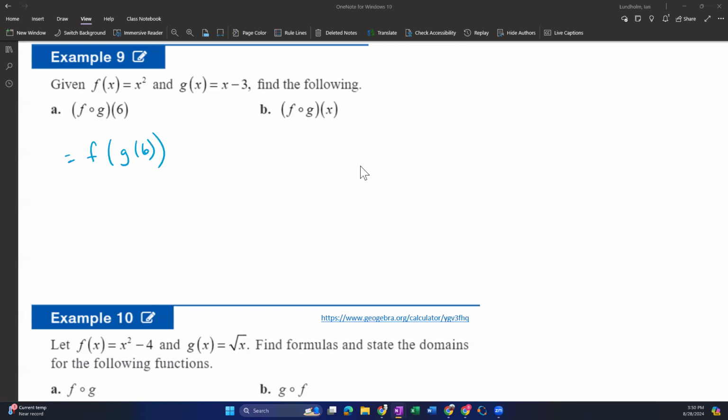So if I do g of 6, that would mean that I'm putting 6 into g of x. And so 6 is going in the place of x. We've got f of 6 minus 3, which would be f of 3. And then f of 3 would look like 3 squared or 9.